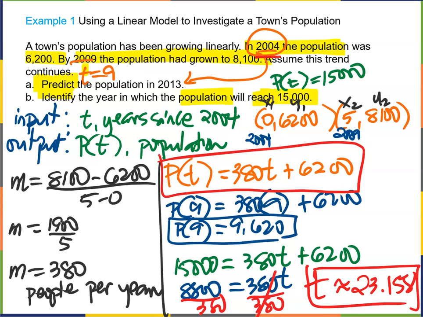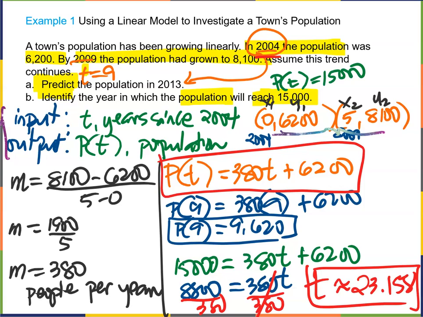Okay, so take a look at this example. What we did here, first identify the input and the output, and then get the coordinate pairs based on the problem to solve the slope, which is m equals 380 people per year. Then with that slope and this y-intercept, you'll be able to write the linear model, the equation. Then you can answer the questions.